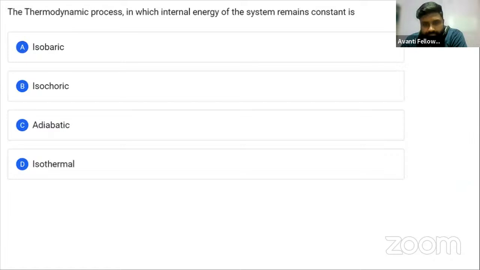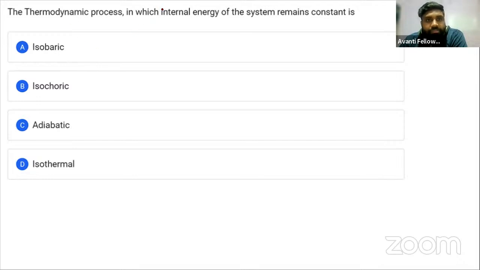Now, the thermodynamic conceptual or theoretical question: you may expect one or two theoretical questions from thermodynamics.